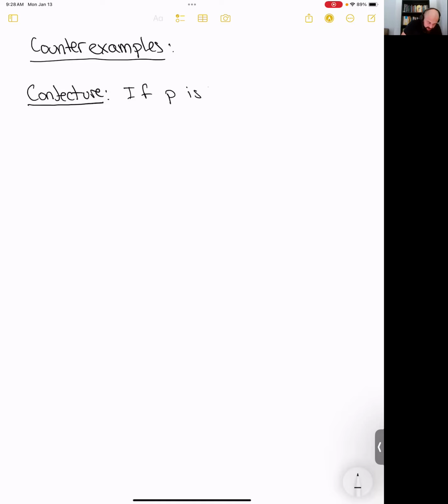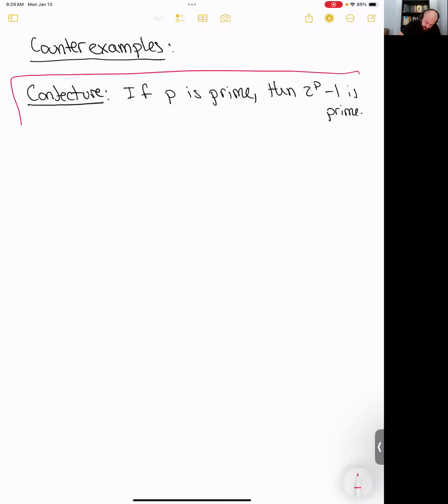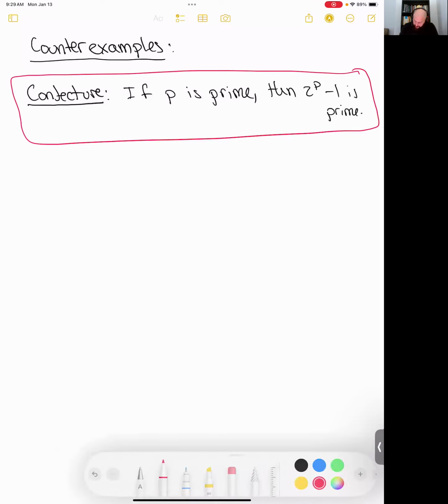So if P is prime, then 2 to the P minus 1 is prime. Again, it's a conjecture, meaning I don't know if it's true. I think this is true, seems reasonable. And so now we can either prove that it's true or we can look for an example that shows that it's false.